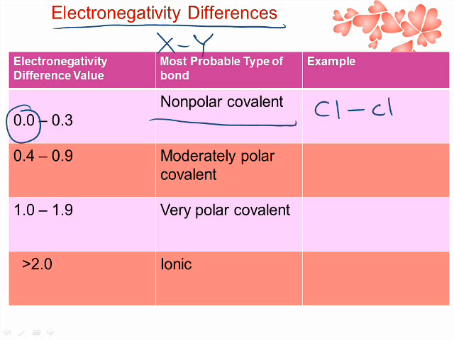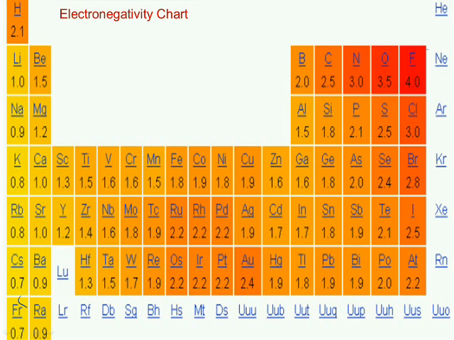If you have a difference of 0.4 to 0.9, you have a polar covalent, but it's moderately polar. It's not so huge. If we have carbon and nitrogen, we see that carbon is 2.5, nitrogen is 3, so the difference there is 0.5.